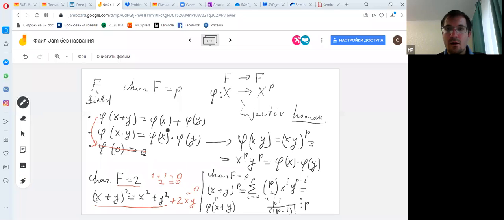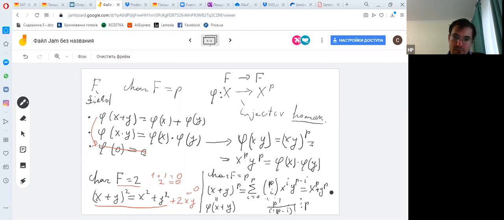So in this sum, only the first element and the last do not equal 0. The binomial coefficients p choose 0 and p choose p equal 1. So this equals x to the power p plus y to the power p.